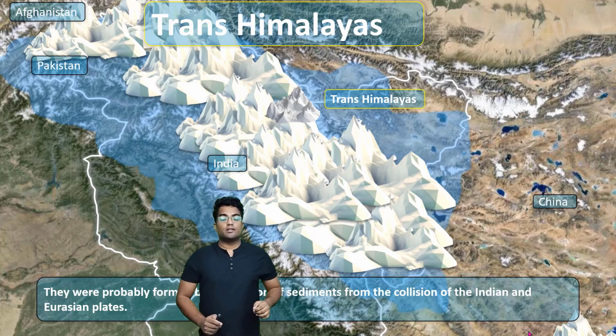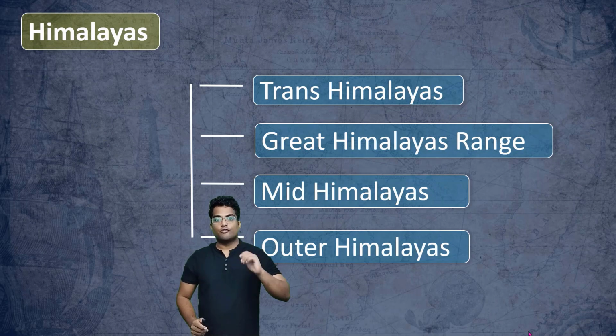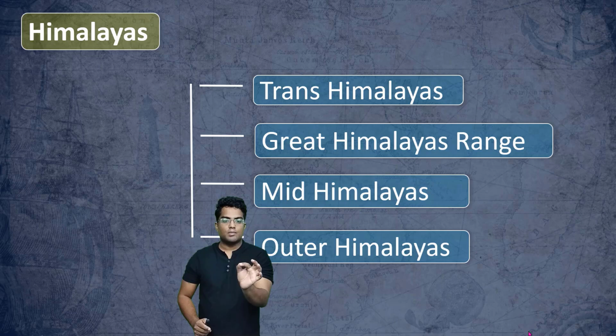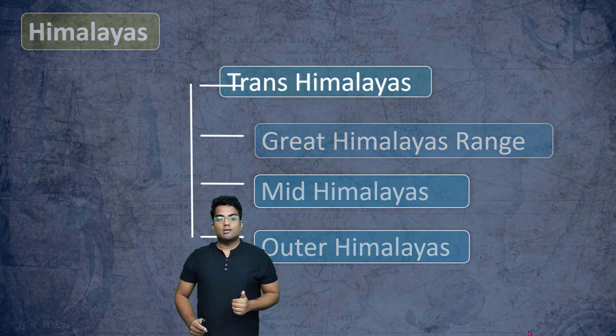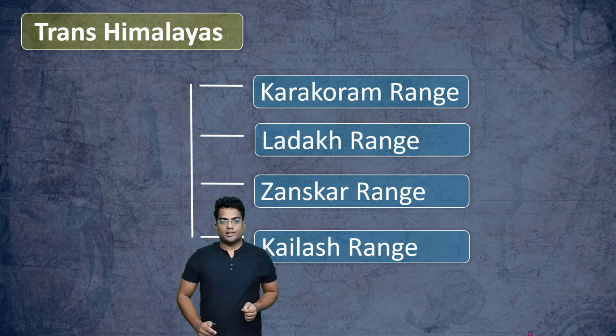Now, the interesting thing that you have to know is the Trans-Himalayas is itself divided into a few parts. First we have the division of the Himalayas as Trans, Great, Mid, and Outer Himalayas. Now, the Trans-Himalayas is itself divided into the Karakoram range, the Ladakh range, the Zaskar range, and the Kailash range.